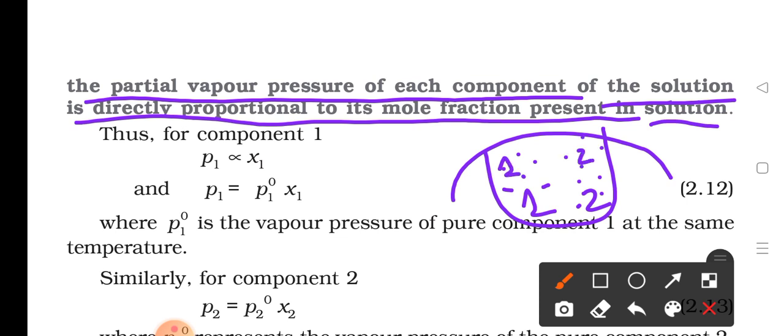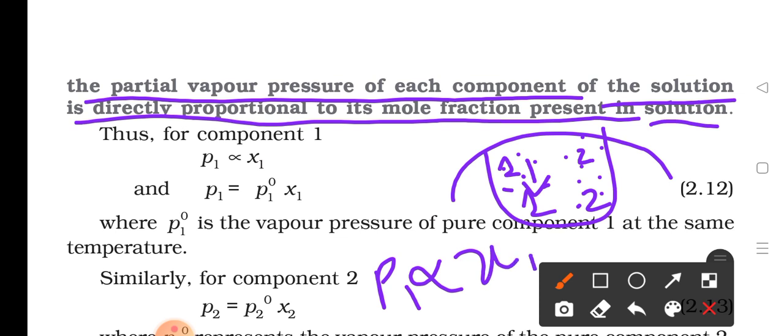So the vapor pressure of component 1, that means P1, of the solution is proportional to its mole fraction, and the component 1 mole fraction is x1, remember that.